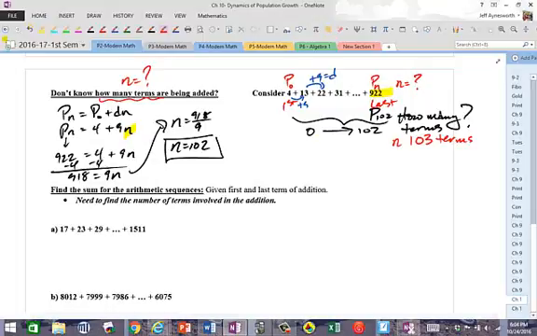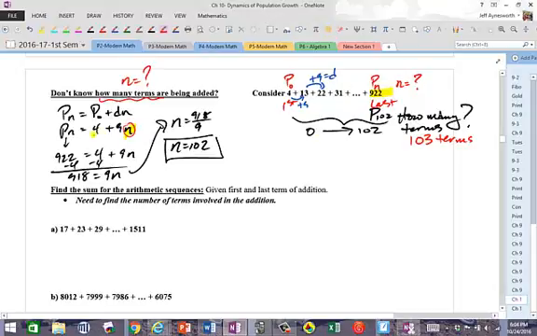I don't want to confuse anybody. You solve for the subscript. When you solve for n here, you get the subscript. But that doesn't say how many terms there are. That tells you the nth population. You're working with the 102nd population, but since you start counting at 0, there's actually 103 terms in all.